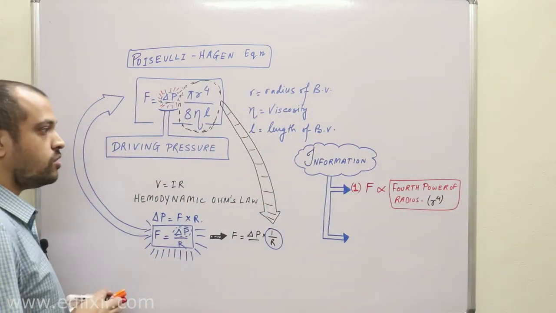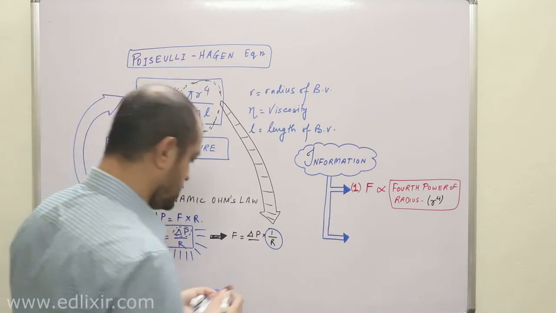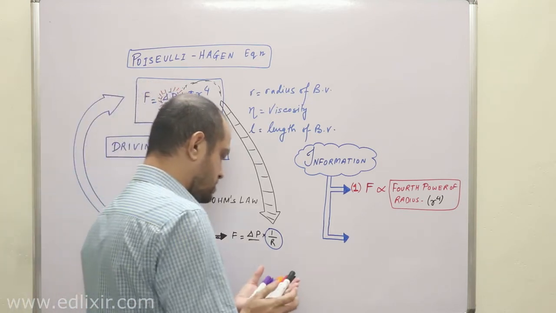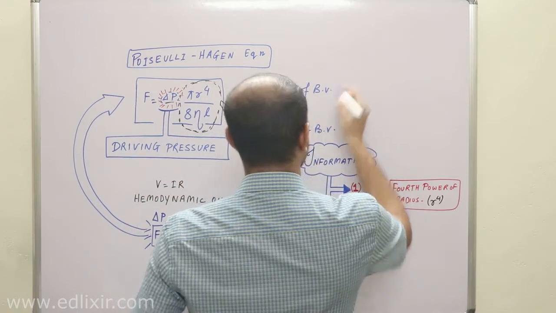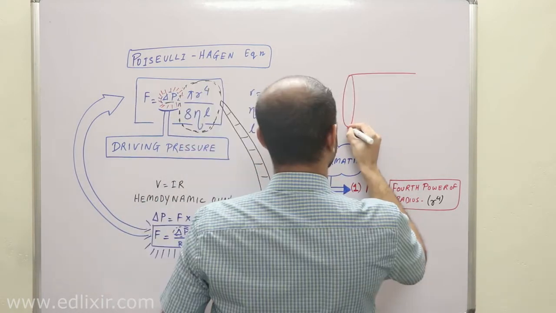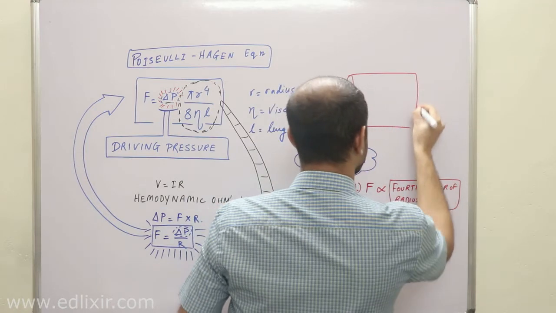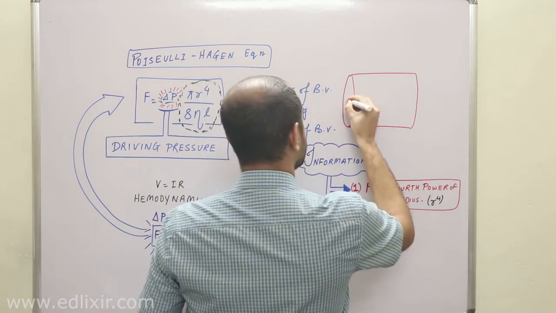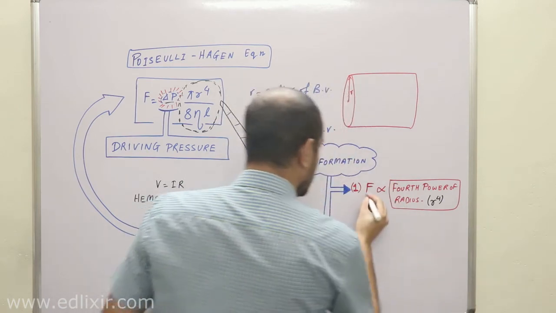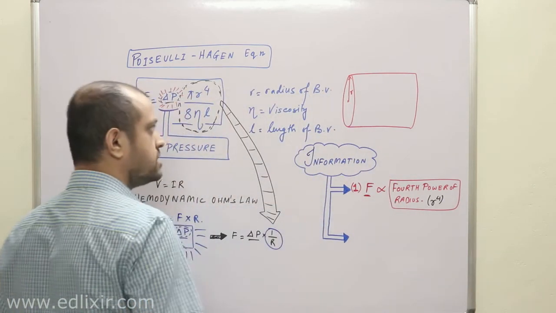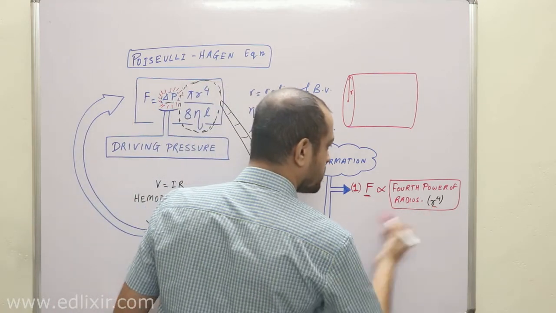Now listen with all your attention. This is very interesting for you people to understand. Suppose this is a blood vessel, and suppose this is the radius. Blood flow is directly proportional to the fourth power of radius, right?